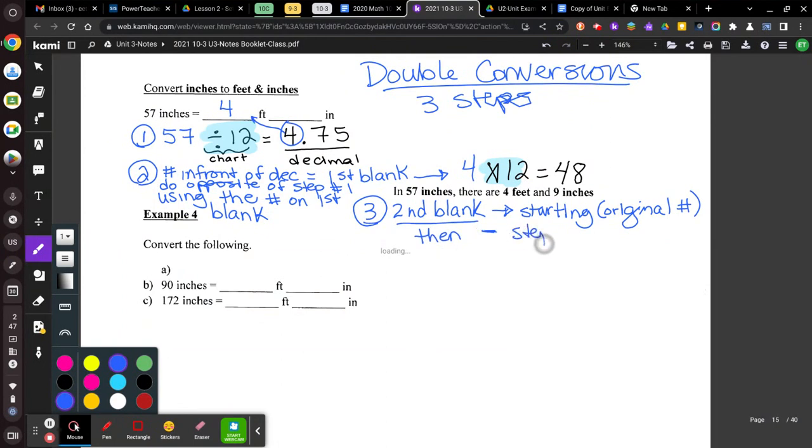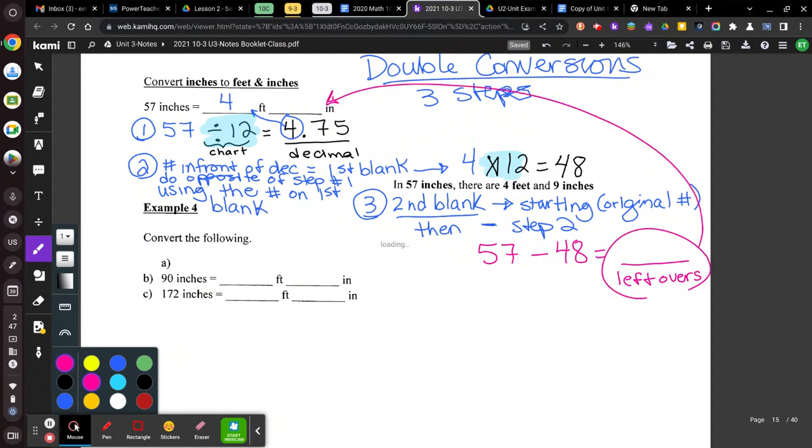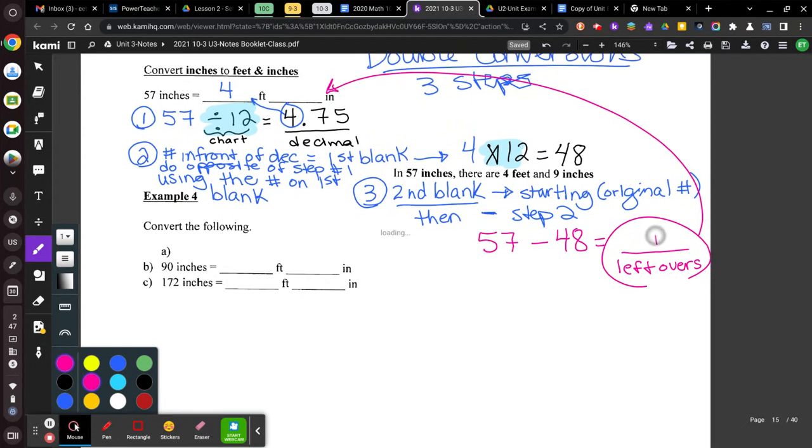So for a number, we started with 57, we subtract 48, and this gives us our leftovers. The leftovers is our last blank. So 57 subtract 48 is 9. So I know now that number for my second blank is a 9. So there's 3 steps.